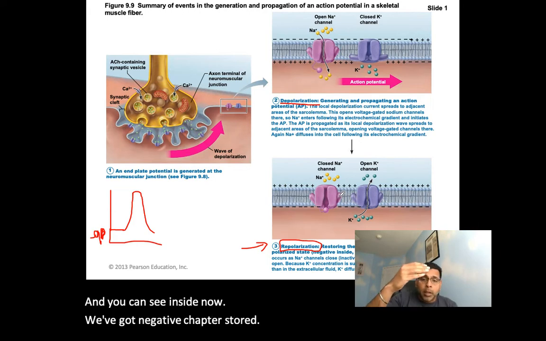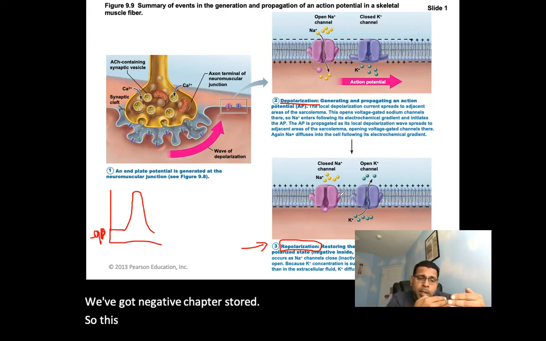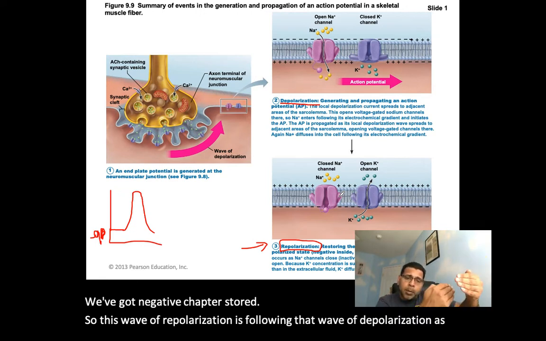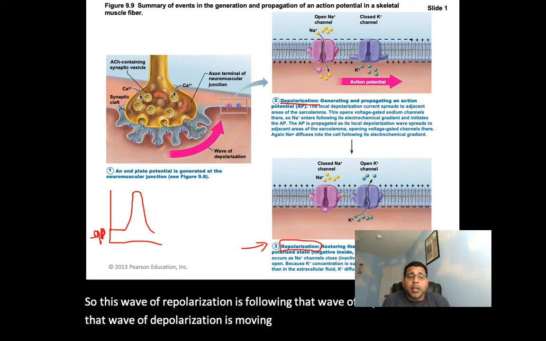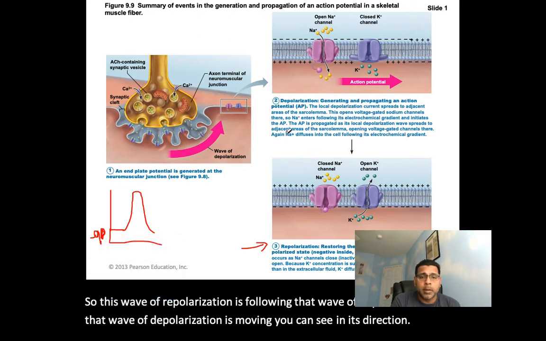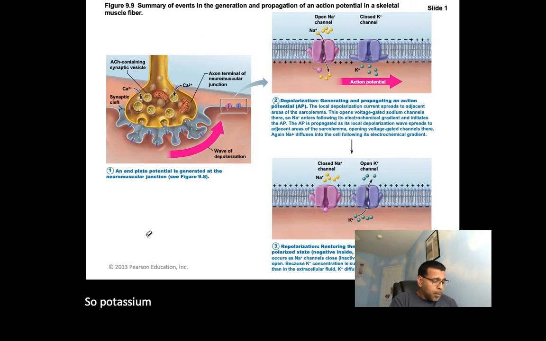So this wave of repolarization is following that wave of depolarization, as that wave of depolarization is moving in its direction. So potassium diffuses out, and the muscle fiber restores that negative charge.